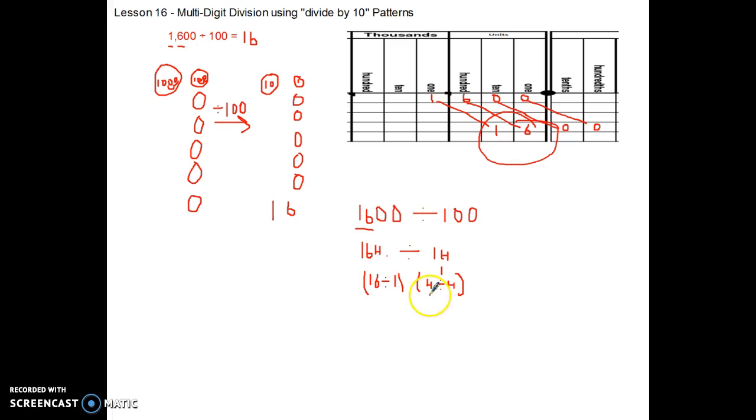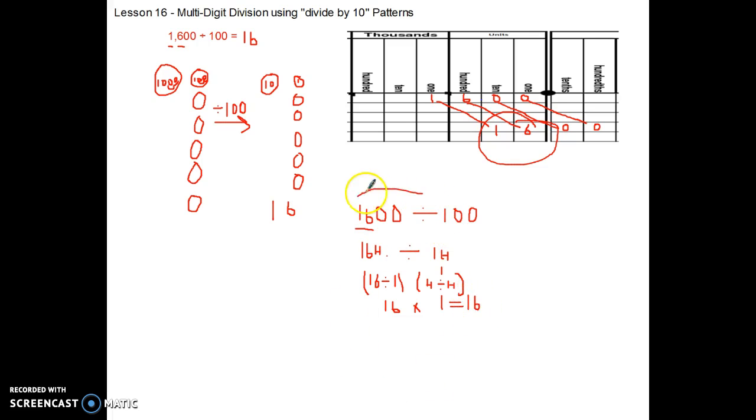And then I have my 16 divided by 1 here, which is just 16. And then because these parentheses are together with no symbol, that means multiplication. And so my answer would be 16 multiplied by 1, which is 16.